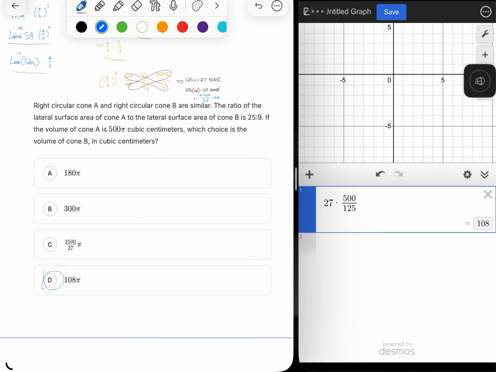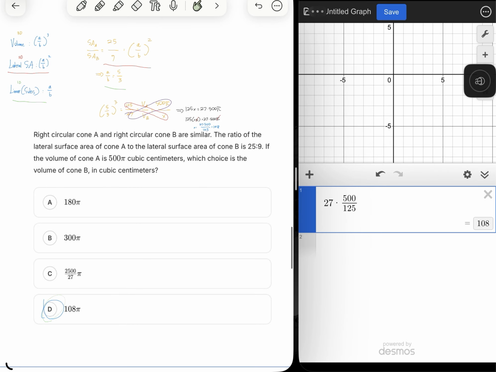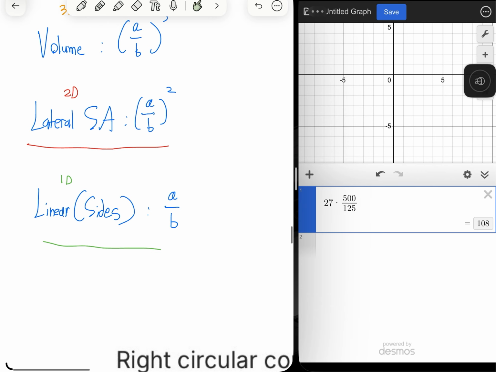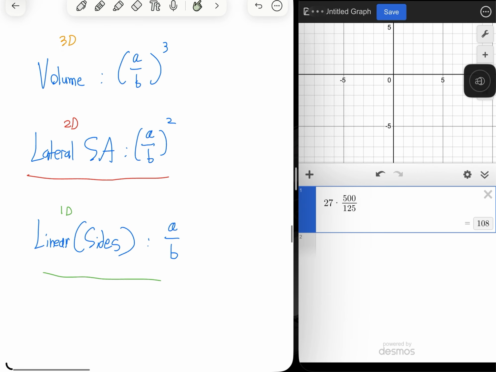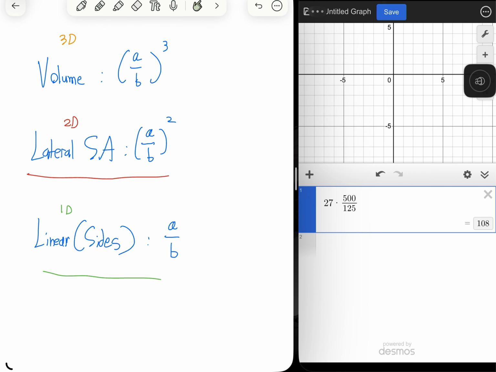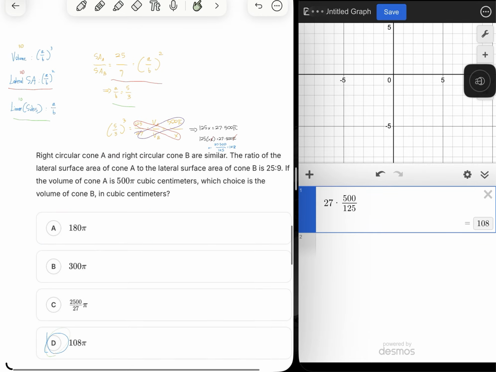So once again, the key thing for this problem is to know that the sides have a ratio of A over B between two similar 3D figures, the surface areas have a ratio of A over B squared, and the volumes have a ratio of A over B cubed. And that'll allow you to find that missing volume.